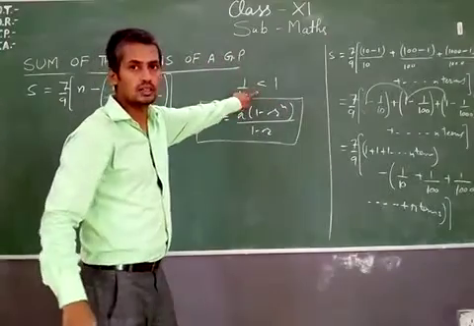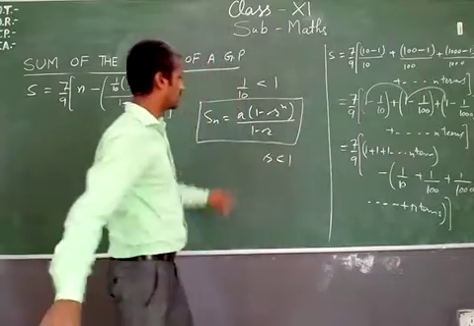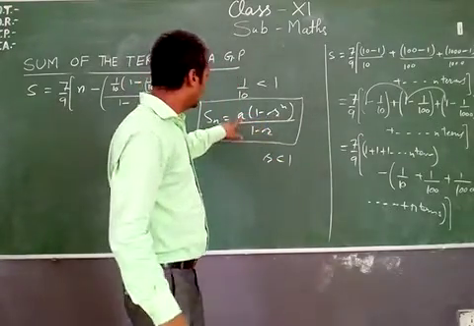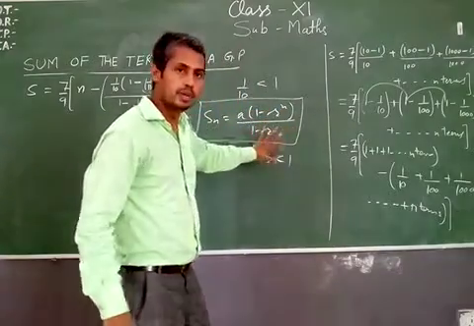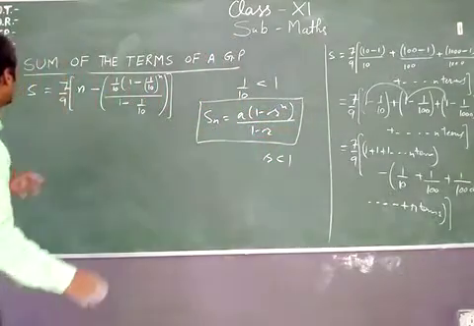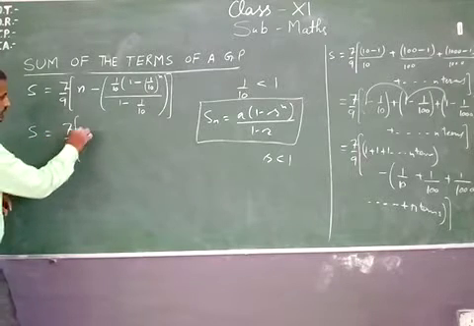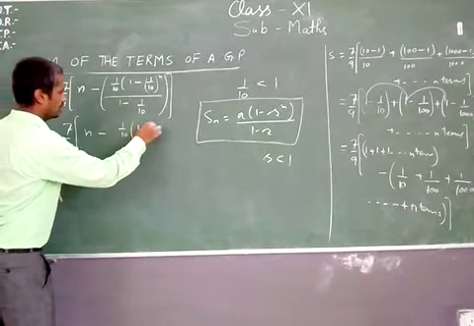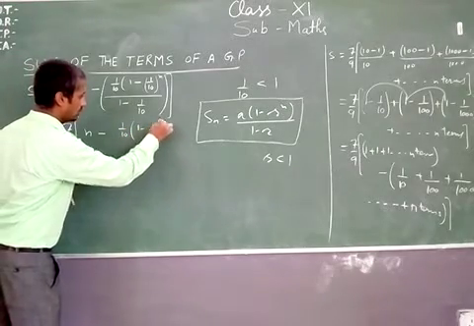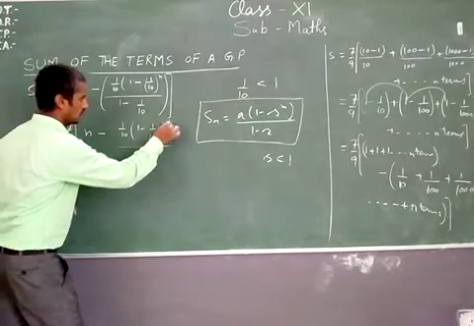Because r is less than 1, we can substitute a equal to 1 by 10 and r equal to 1 by 10. Then we can simplify: 7 by 9 into n minus 1 by 10 into 1 minus 1 upon 10 power n upon 9 by 10.